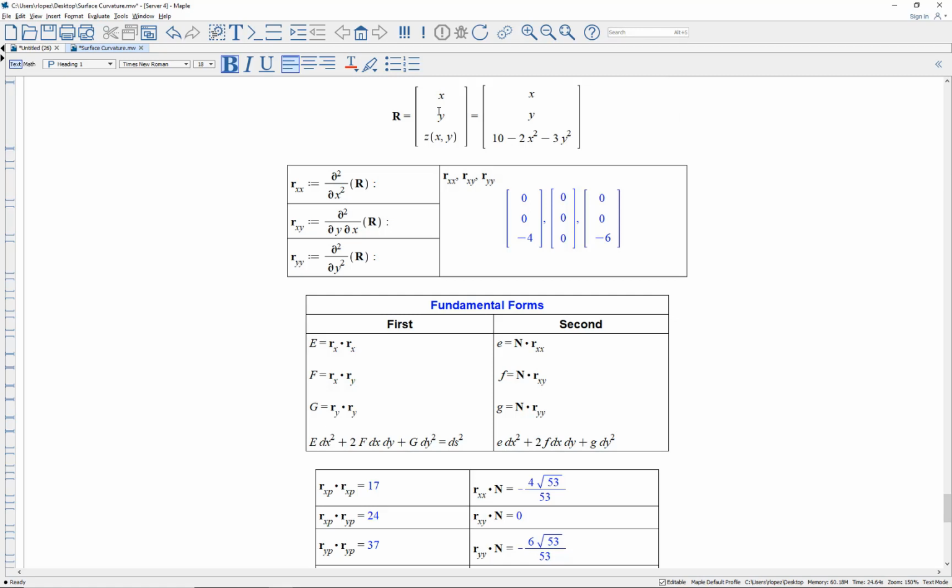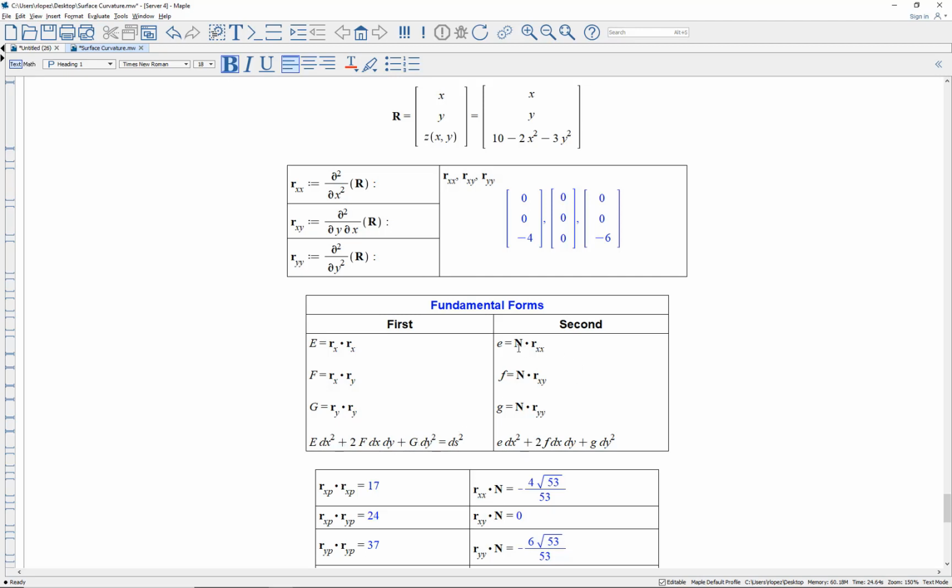All right, so the surface that we picked, position vector representation, second derivatives, rxx, rxy, ryy, at point P, this is what these three vectors look like. First fundamental form, rx.rx, rx.ry, ry.ry. So it's a quadratic form.